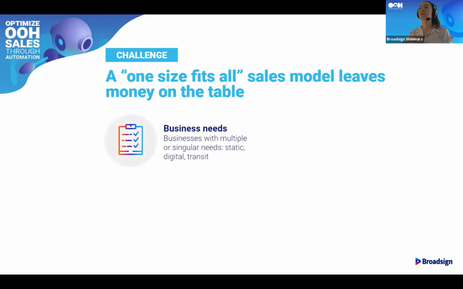The first thing that makes you different is that you have different business needs. According to whether you manage static inventory, digital, transit, a mix of all, or even custom products, you're going to be facing different challenges.